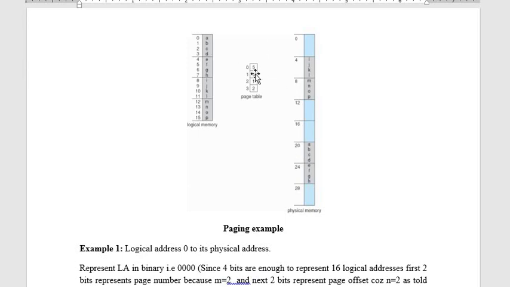So that 5, counting the frames from 0, will be updated in the page table for the 0th page. In the same way, page 1 has been kept in the next frame, so 6 is the frame number, and the same way page 2 is in frame 1, and page 3 is present in frame 2.